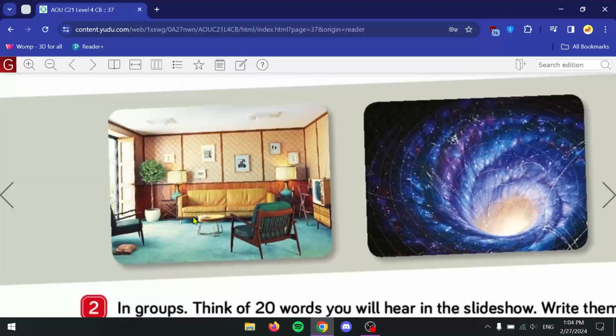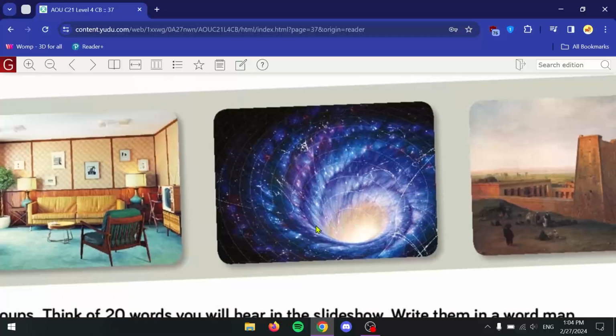On first thought, when looking at this picture, what I personally see is furniture, perhaps a living room, but it seems very old school, like it's not from this time period. I mean, just look at the TV. This is something straight out of the 60s, for example. It's just a very different aesthetic to what we're used to nowadays. And this looks like some sort of black hole universe system.